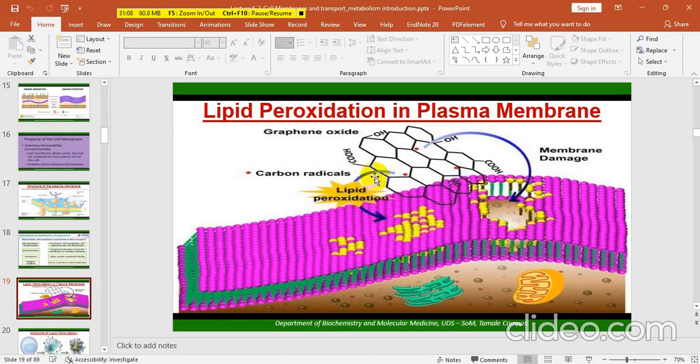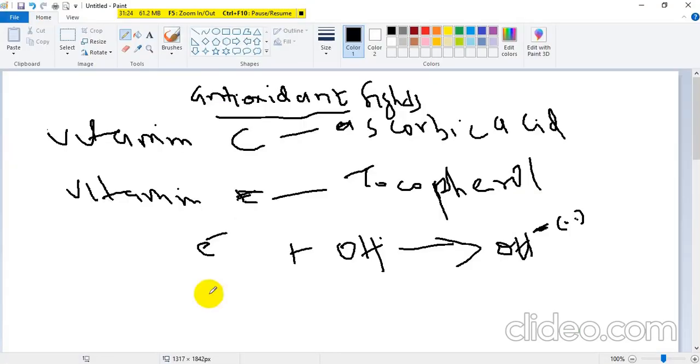So the lipid peroxidation producing these free radicals will end up destroying the cell membrane. The yellow we see is the cholesterol. Cholesterol is part of the cell membrane. The cell membrane itself is a fluid mosaic model.